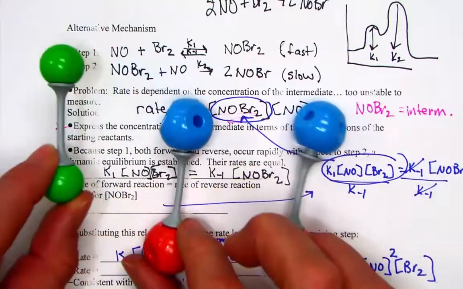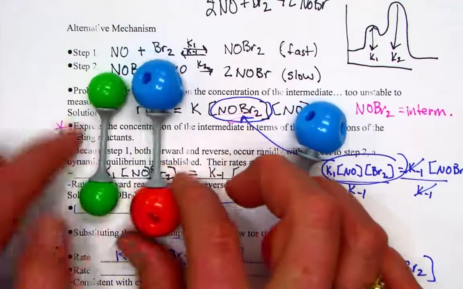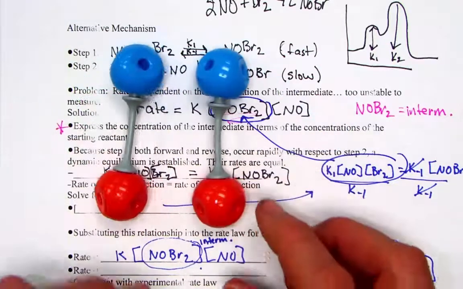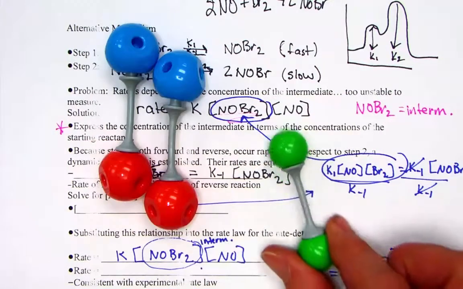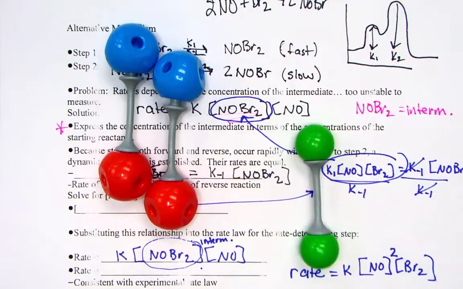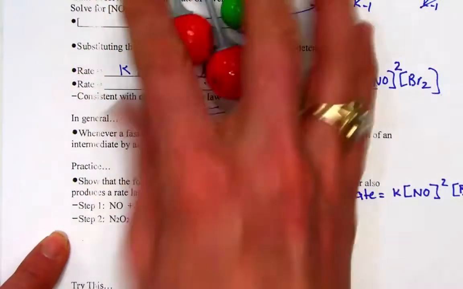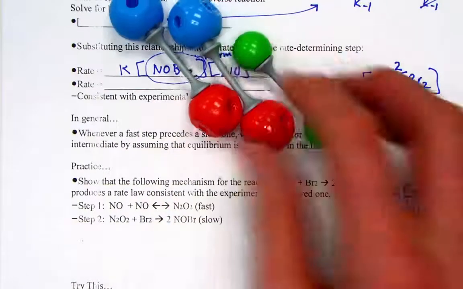Do I want to hit NO and Br2 in my first step? That's what we did first. But another equally lovely choice was to collide the like molecules in the first step and use the bromine in the next step. That's what this proposed mechanism looks like. So we're trying the alternate pathway. Either way is going to get us to the same place.